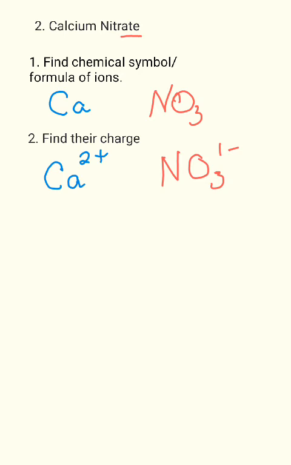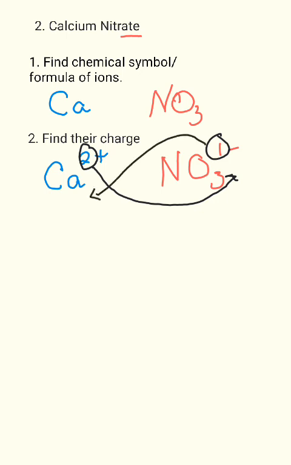Okay. Now, once we have the chemical symbol and we have their oxidation states, all we got to do now is make the bond. So this 2 becomes a subscript here, and this 1 becomes a subscript here, doing the fish, and then we get our compound.